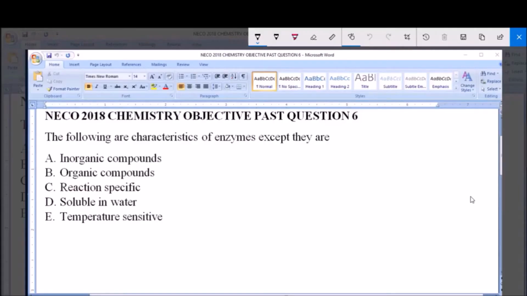These are characteristics of enzymes except they are A, inorganic compounds, B, organic compounds, C, reaction specific, D, soluble in water, E, temperature sensitive.